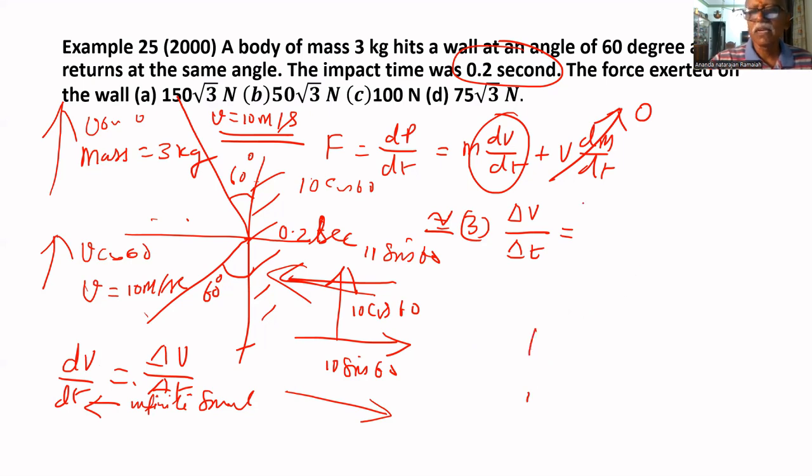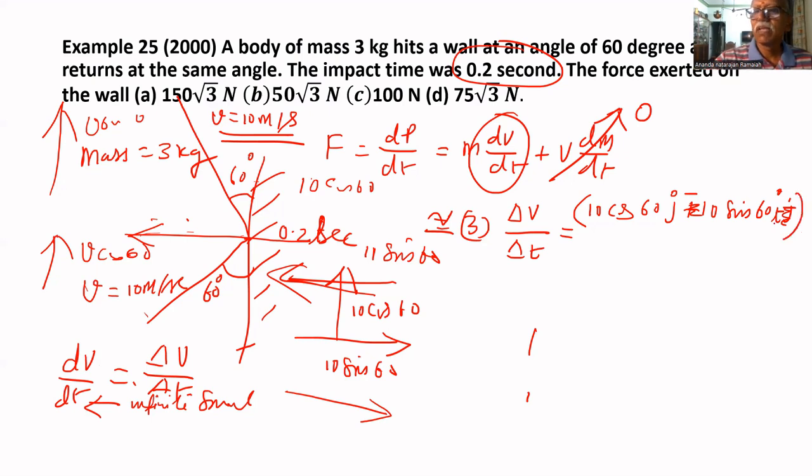Therefore we can write 10 cos 60 in the direction of J. The sine component is towards left, so we put I, 10 sin 60 minus I, and therefore we put a minus sign here.